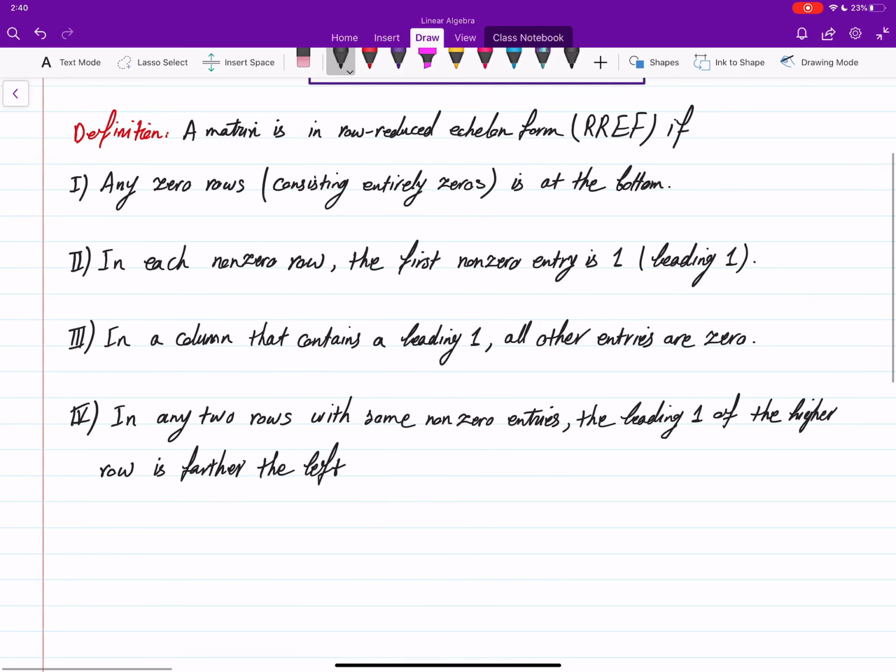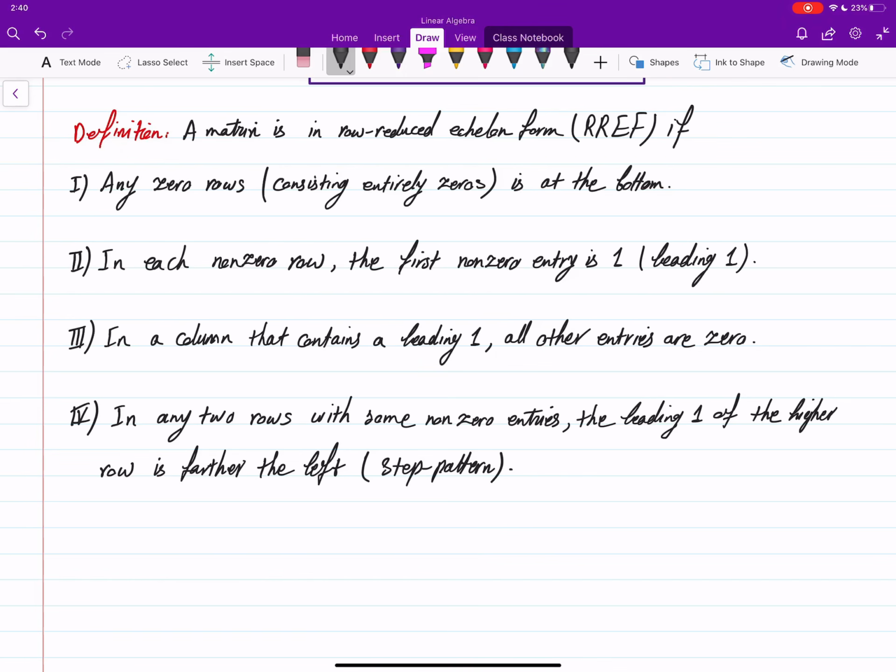So if these 2 rows are non-zero rows, the one in the higher row must be to the left. So it means that we will have a step pattern.